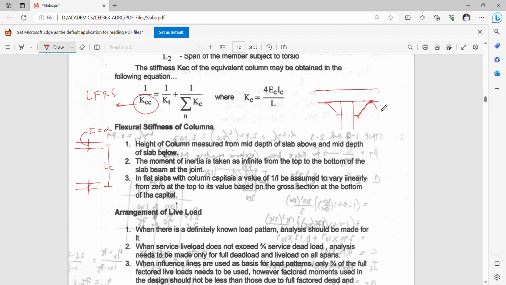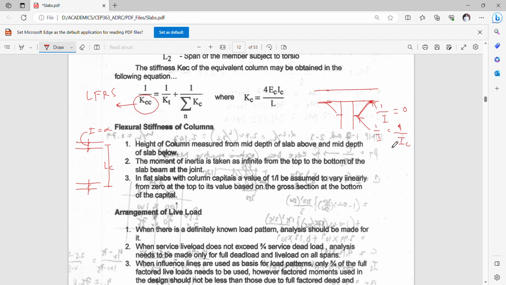So your 1 over I here will start from 0, and your 1 over I here will end equivalent to 1 over I of your column.